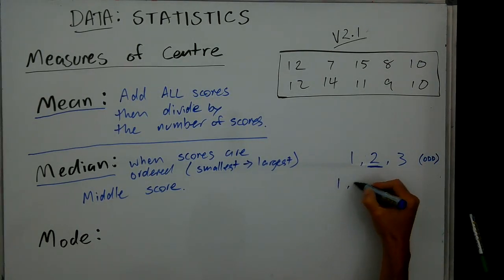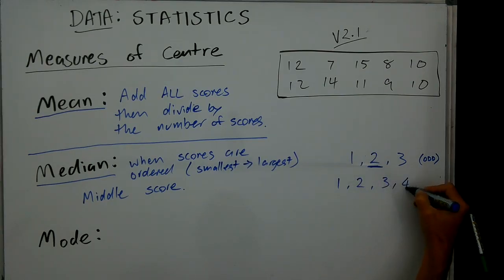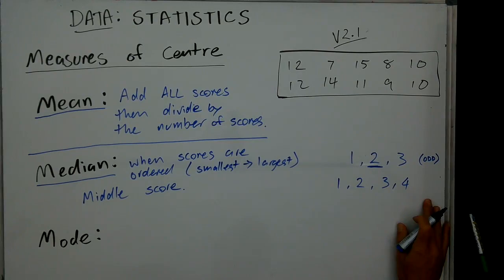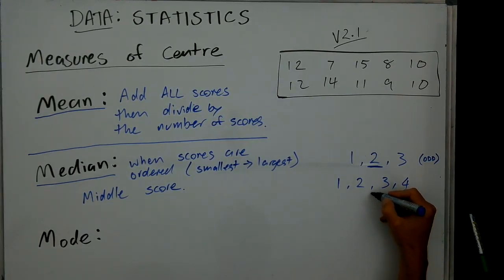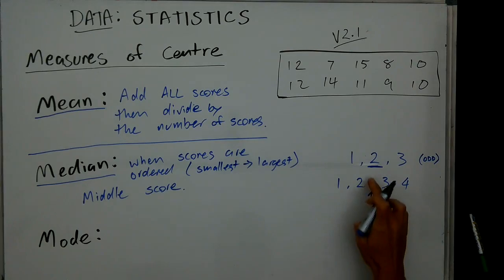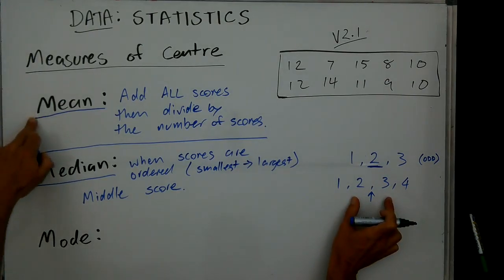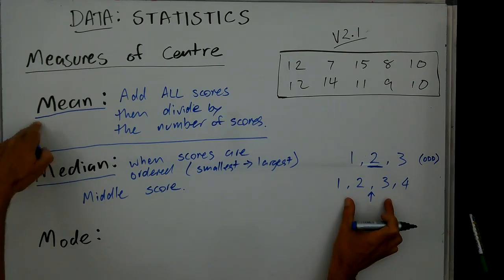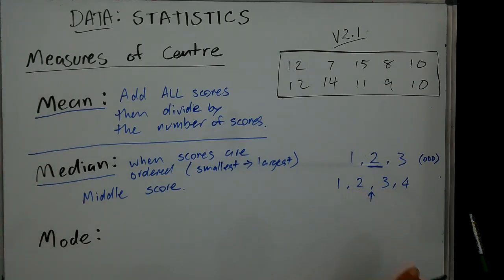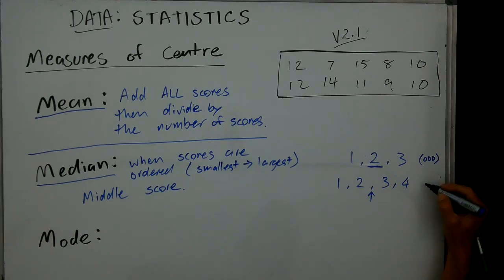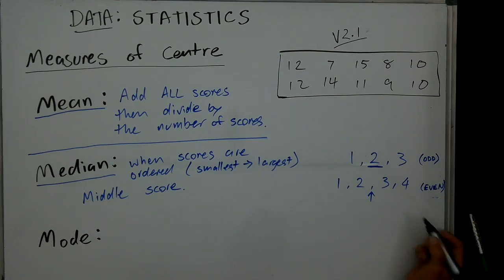If we had 1, 2, 3, and 4, because we've got an even number of terms, our middle is in between those two terms. So in this case, we need to use what we would call the average. We add those two together and divide by 2. These are even-numbered sets of data.